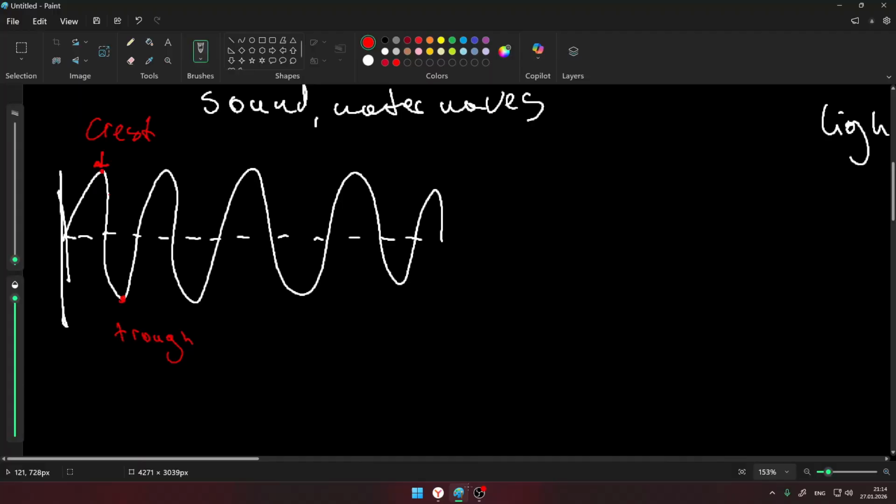Now we're gonna go with the amplitude. So amplitude is the distance from the middle of the wave, right here, this line, to the crest or to the trough. So just know that it's from the middle to the crest or from the middle to the trough.